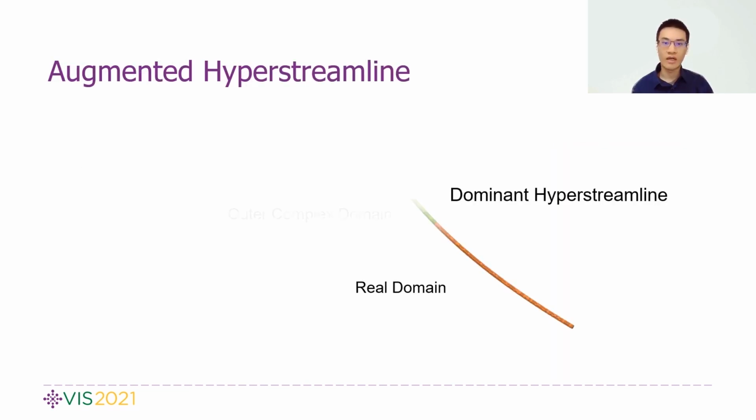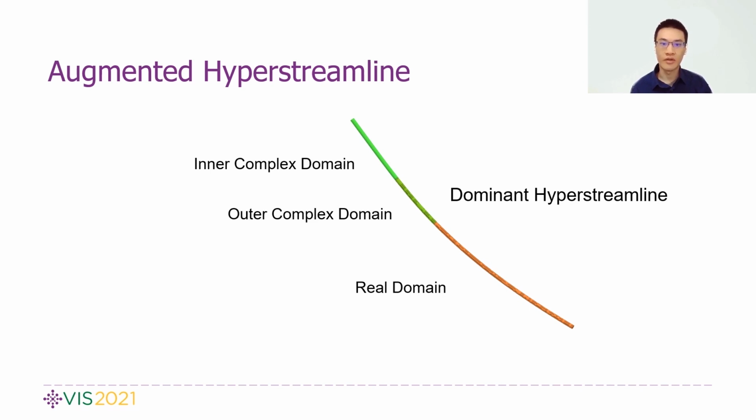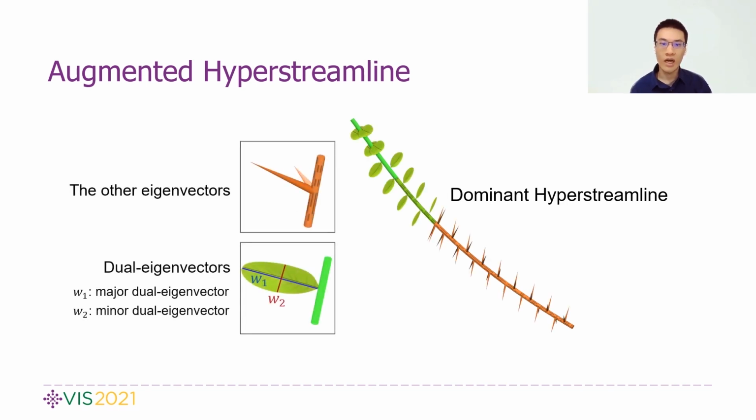The surfaces can also be separated into linear and planar balanced surfaces. To understand the eigenvector behaviors in the different domains, we trace a dominant hyperstreamline and employ the metaphor in which the hyperstreamline is the stem of a plant. Along the hyperstreamline, the other eigenvectors in the real domain are represented as thorns, and the dual eigenvectors in the compressed domain as leaves.